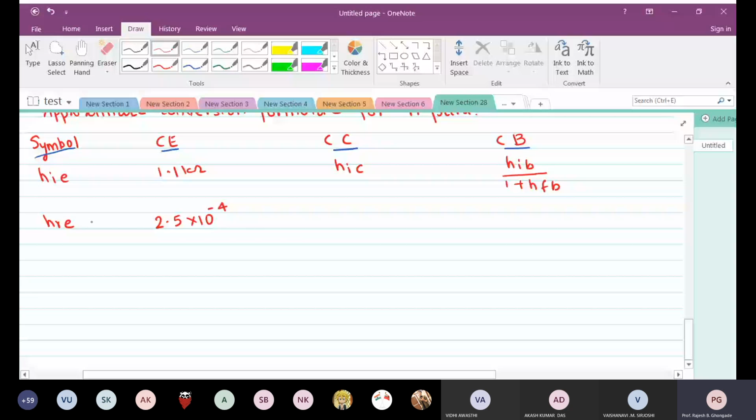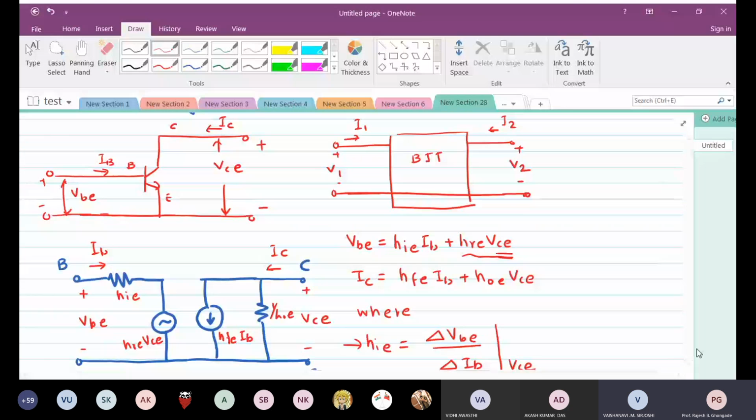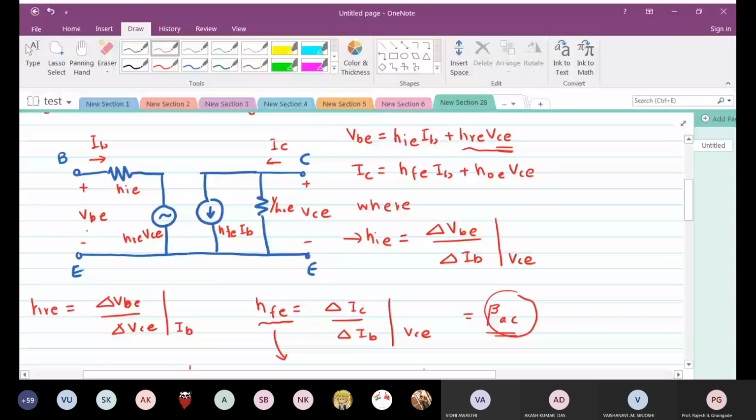What is HRE? Look at the ratio: it is a ratio of voltage over voltage. So will it have any unit? No, sir. So there are no units here.